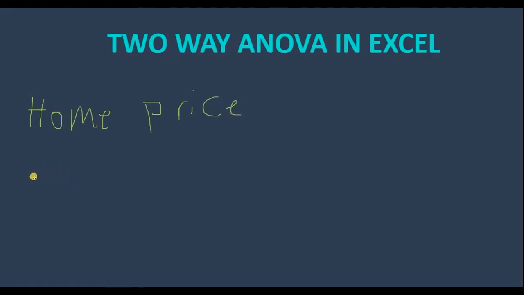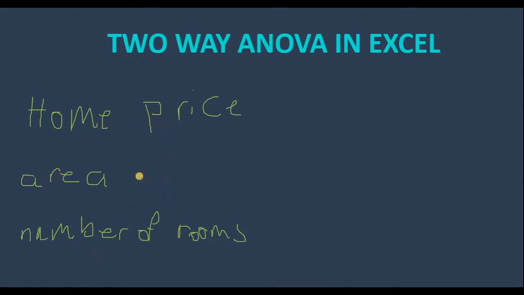First is the area, and the second is the number of rooms. So we have area and number of rooms for estimating the home price.